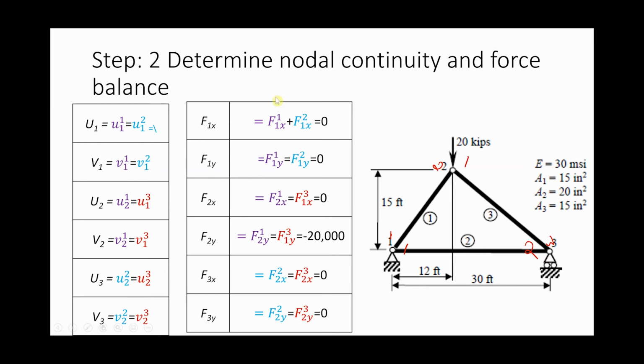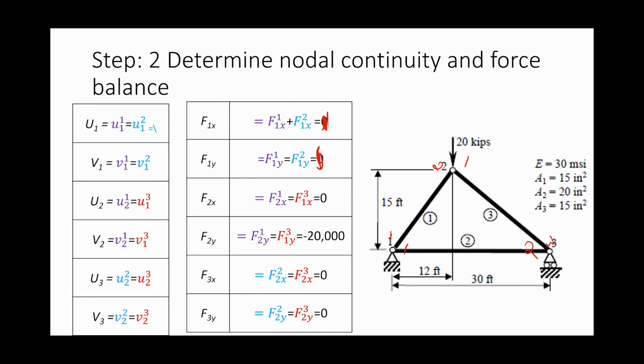Same for our forces. These are not equal to 0. Those are our unknown reaction forces. Now, F2x is equal to 0 because it's unsupported and there's no applied load in the x direction.